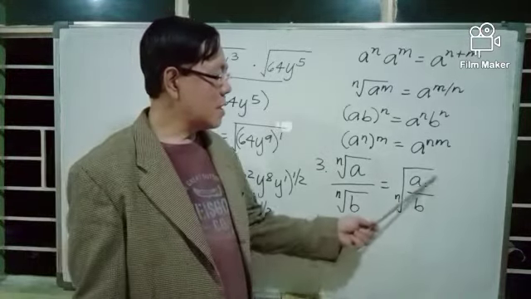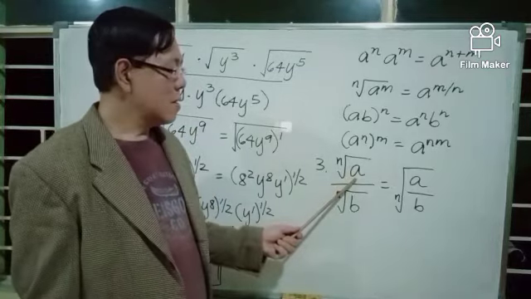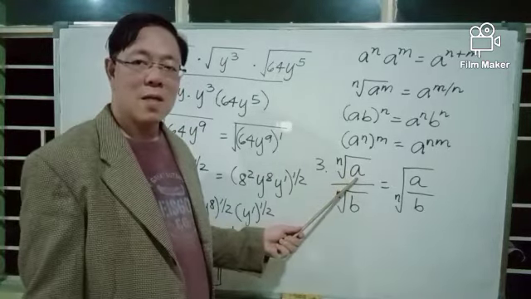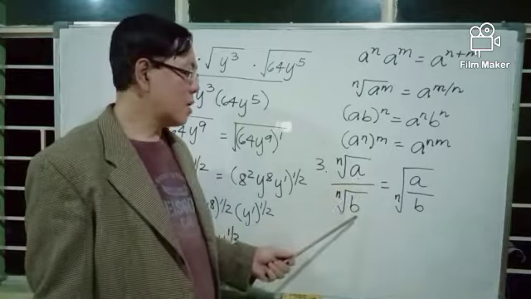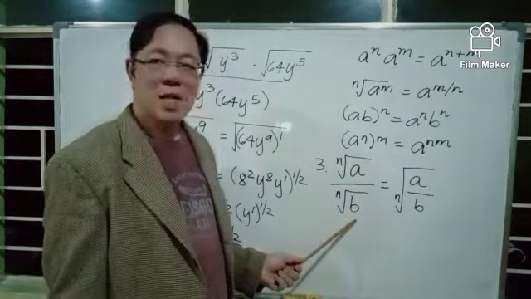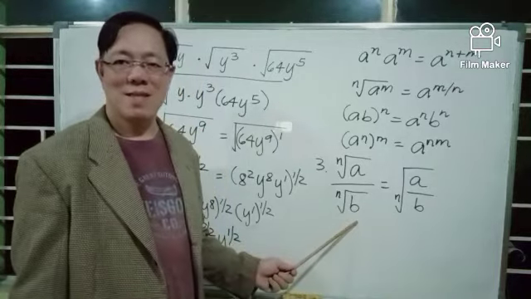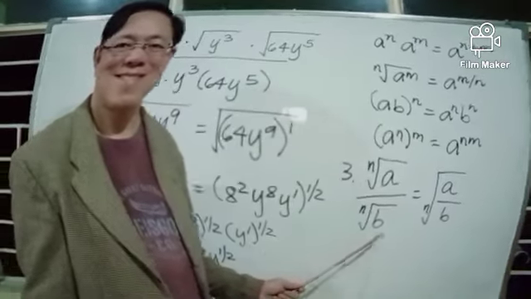And the radicand is the quotient of the radicands in the radical expression in the numerator and the radical expression in the denominator. We take some examples to apply this property of radical.